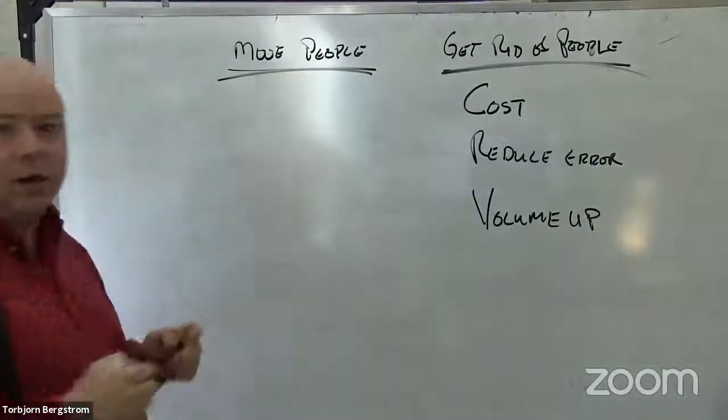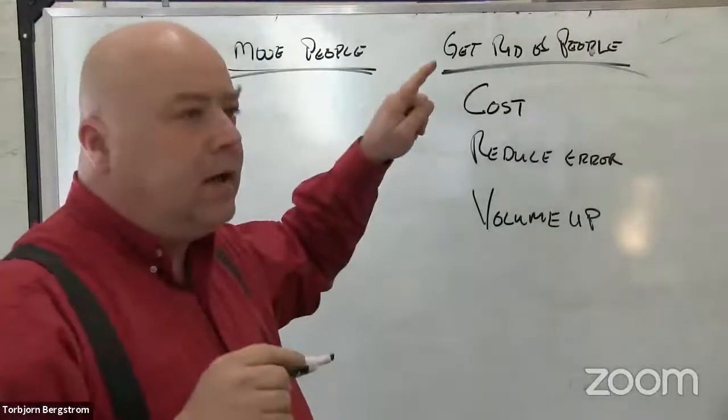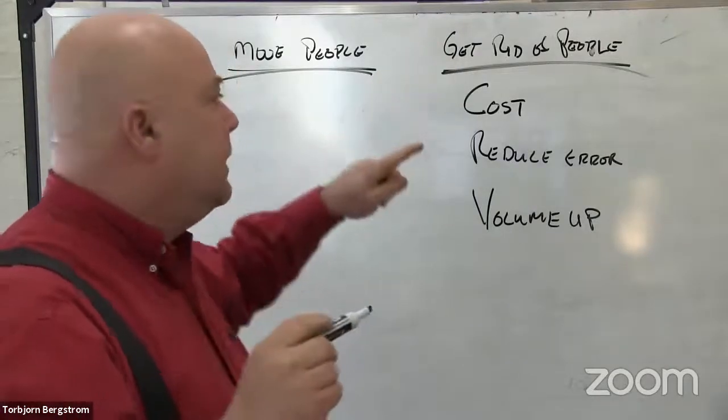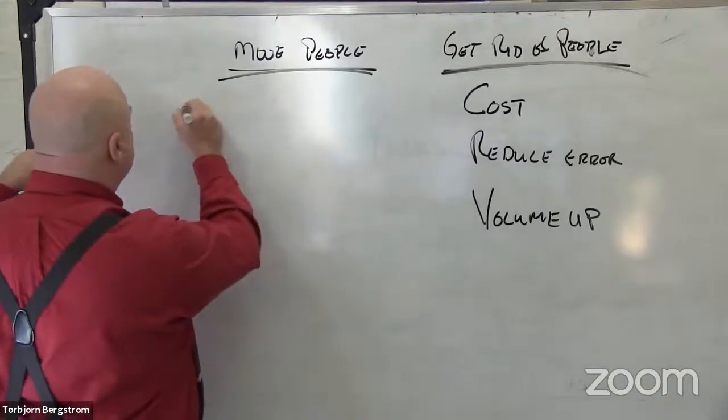Can you guys see that through the glare spot on the board? Yes. Okay. So if we want to move people, it's to let them do something more valuable. Maybe like comparative advantage, have people do what they're best at and have the robots do what is repetitive and what they can do best.